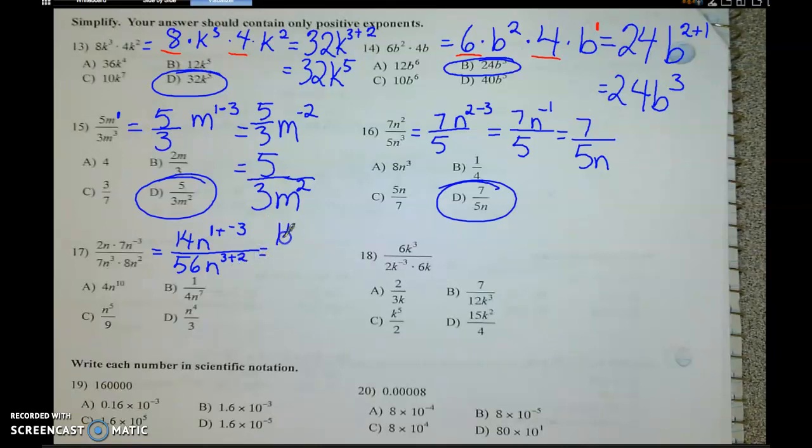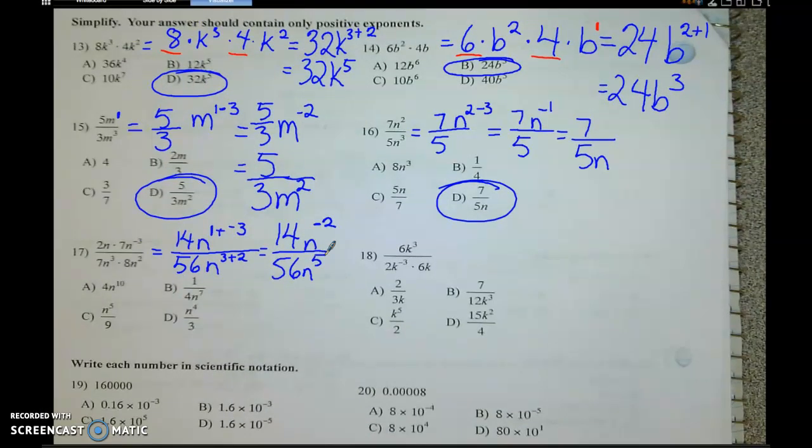So right now I have 14n to the negative 2, and then 56n to the 5th.